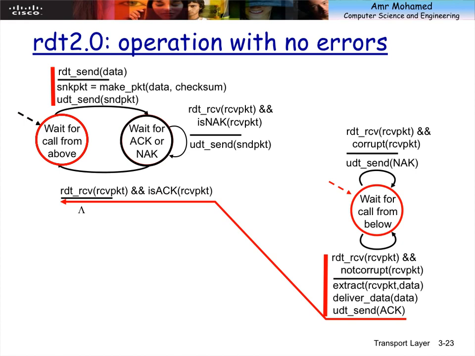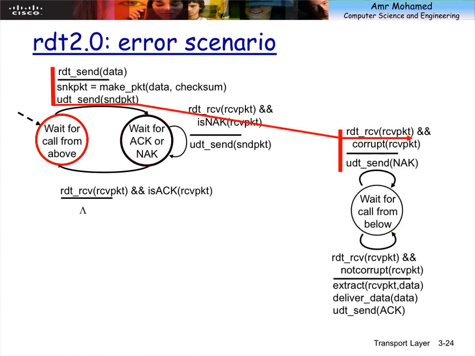For the case of error, when I send, the channel in the middle introduces some changes to the bits, so it arrives corrupted. When it's corrupted, I need to send negative acknowledgement and wait for the same packet to come again, which means that I will wait for retransmission of the packet.